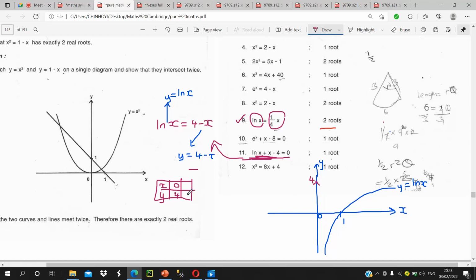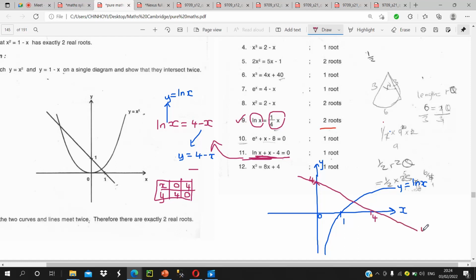Then you can ask again, what happens if y equals 0? If y equals 0, what is the value of x? It's 4. Right? Then we join the 2 points. That will be a straight line.